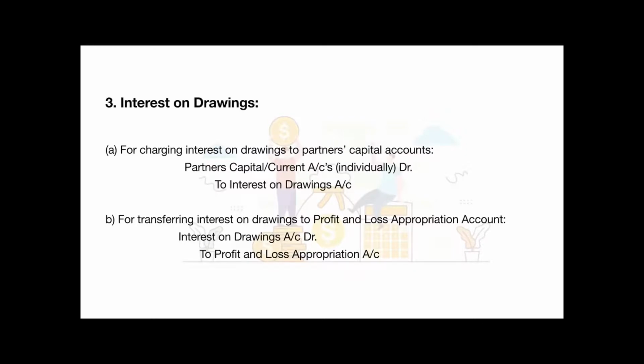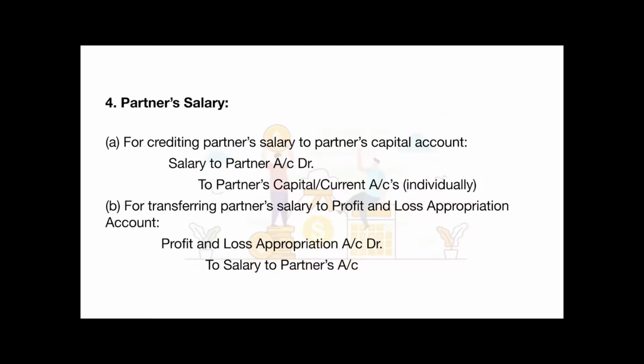Interest on drawings. A. For charging interest on drawings to partners' capital accounts, journal entry, partners' capital or current account debit, that is individually, to interest on drawings account. B. For transferring interest on drawings to profit and loss appropriation account, journal entry, interest on drawings account debit to profit and loss appropriation account.